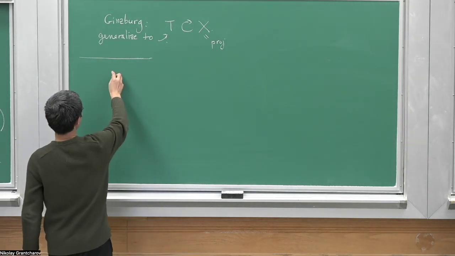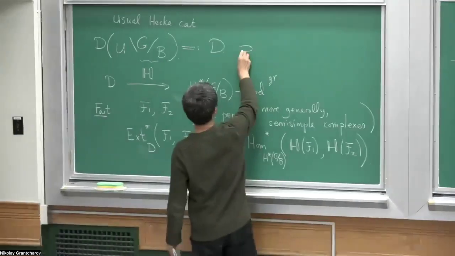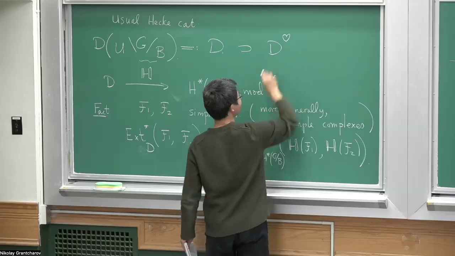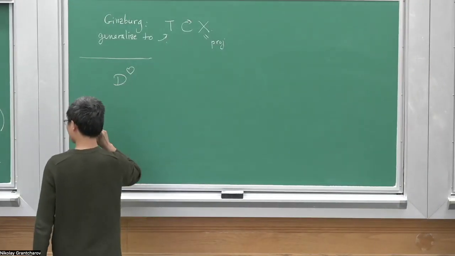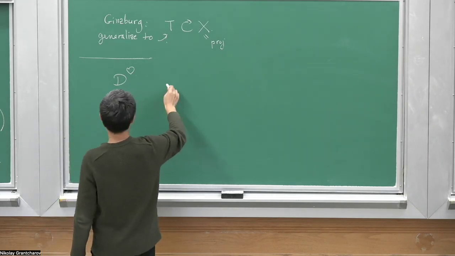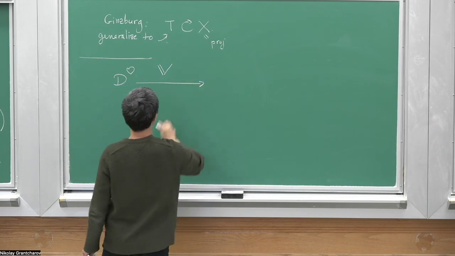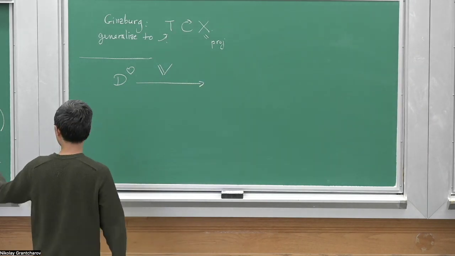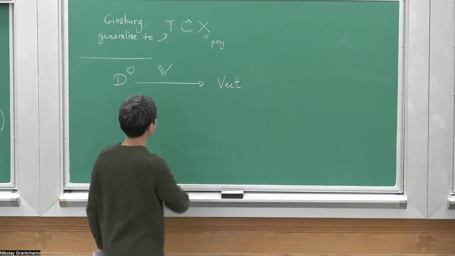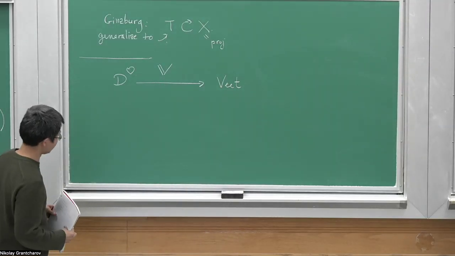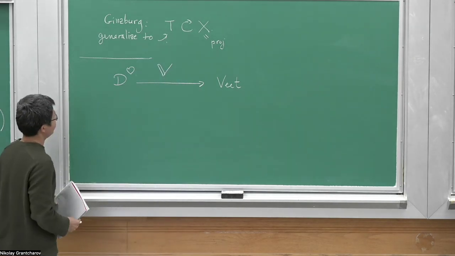Second kind, we can restrict to perverse sheaves, the heart of the perverse structure, and it turns out to be an exact functor. It goes, a priori, to vector spaces. So let's first talk about this version.